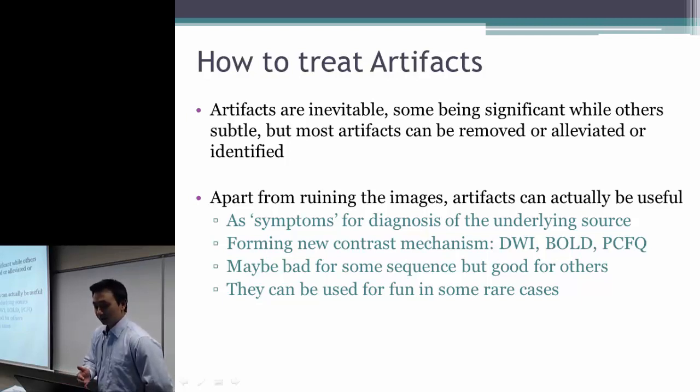But nowadays, we actually want to enhance this diffusion-weighted effect so that we can get the underlying information about the micro movements of water molecules. Also the Bow effect and phase contrast flow quantification were all used to be treated like artifacts until someone came up and claimed that they were actually useful and can give us useful information.